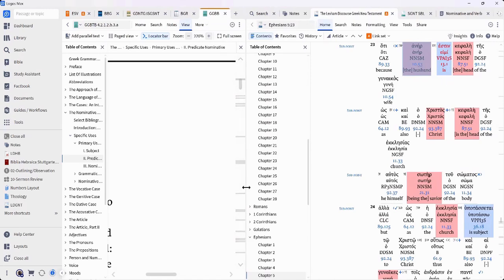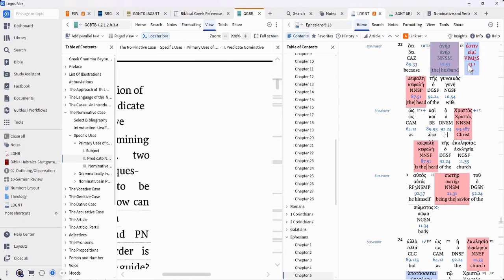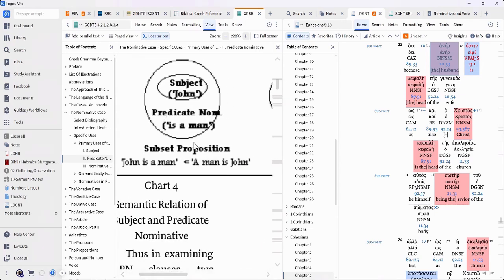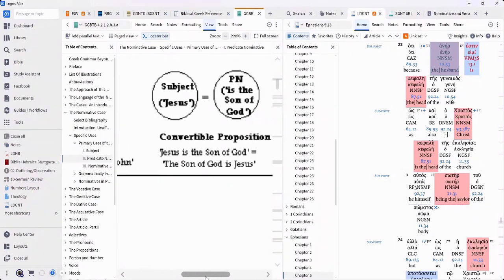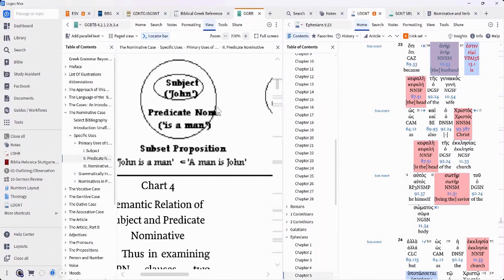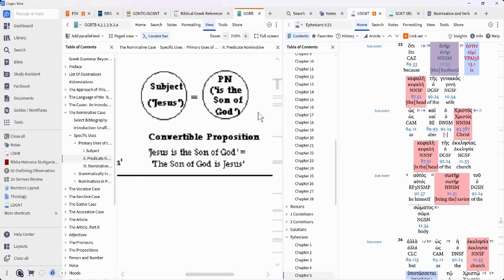Now the other way would be as a subset of the subject, and it's a little bit different. The example here, John is a man, is John. So the idea is that those are interchangeable. So the big difference here is that the predicate nominative is a subset, whereas in the convertible position they equal one another and are more equated.